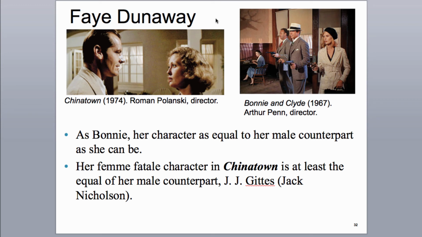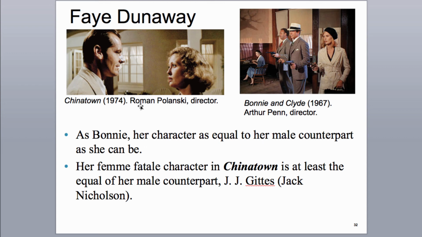The woman we're going to say had a big influence on changing the image of women in film is Faye Dunaway, and that is seen with her portrayal in Bonnie and Clyde in 1967. Very strong figure. She uses a gun. She commits acts of violence, shows her vulnerability, but becomes more human and brings women with her.